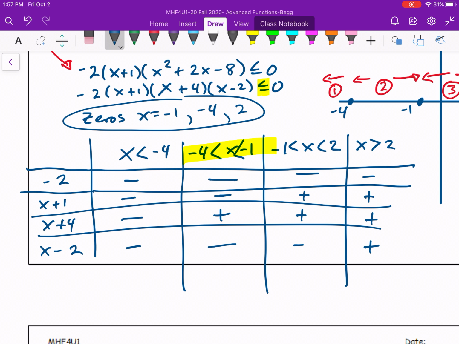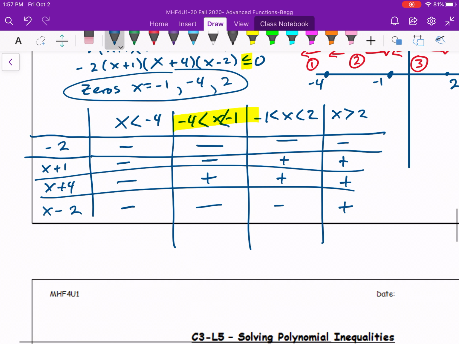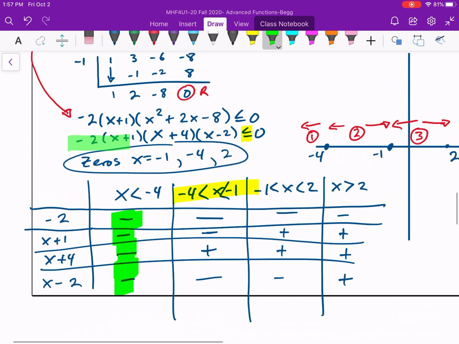So I've got all these signs, and after we do this a little bit, we get a bit faster with it. What we want to do then is combine these signs. So imagine if we're multiplying all these signs together, because that's really what we're doing with each of these factors: we're multiplying -2 times what's in the first bracket times what's in the second bracket times what's in the third bracket.